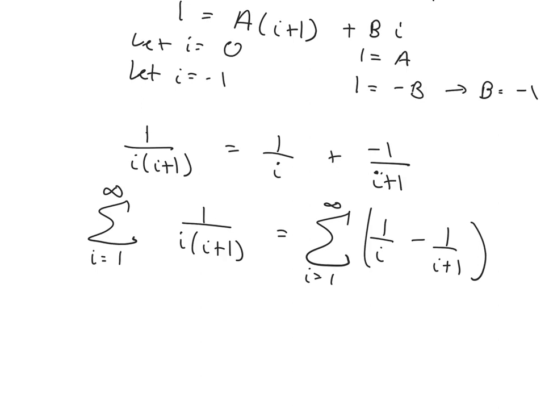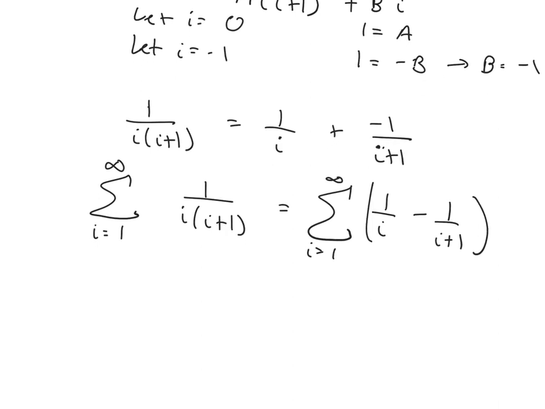And then from here, let's start looking at our partial sums. So S sub n is what I'm using for my partial sum. So start by plugging in 1 into these two fractions. What am I going to get if I plug in 1? 1 minus a half. And then what? Plug in I equals 2. 1/2 minus 1/3.